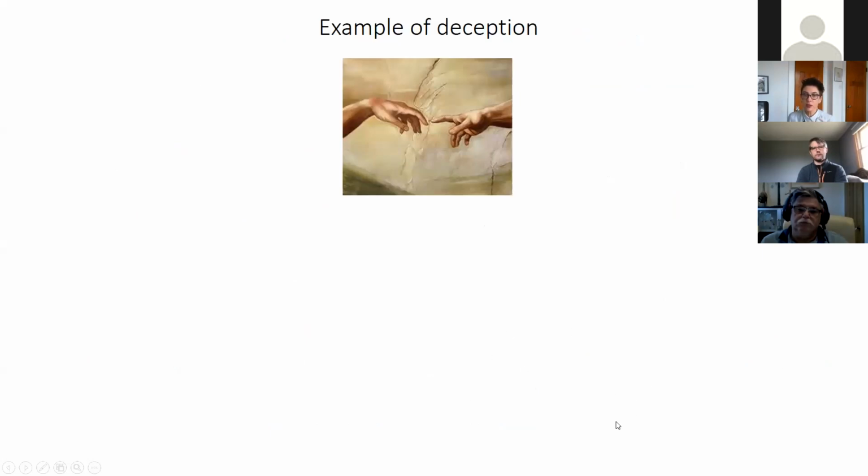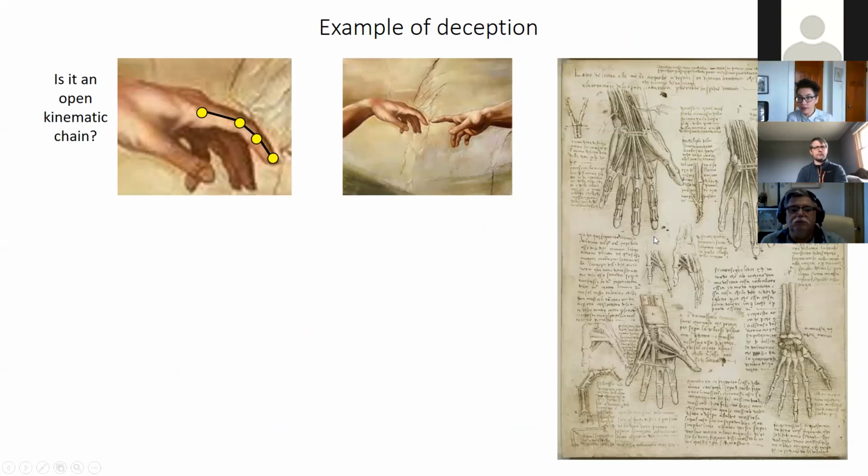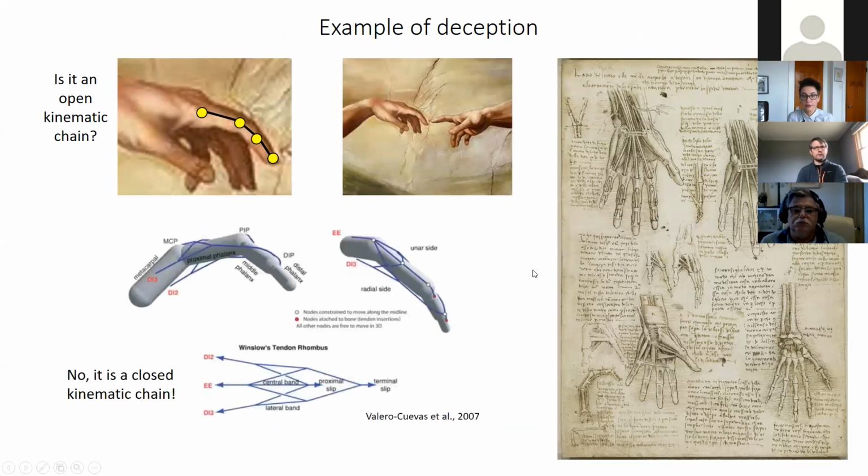Here's an example where we can mix up whether it is a closed chain or an open chain. At first glance, a human digit appears like an open kinematic chain with the free end moving in 3 dimensions. But if we look closer at the anatomical assembly of tissues and ligaments and muscles, it is in fact a closed kinematic chain where we have, in a very simplified way, 2 major tendons that are attached to the muscles of the forearm.